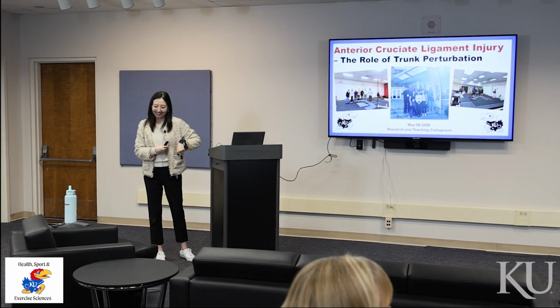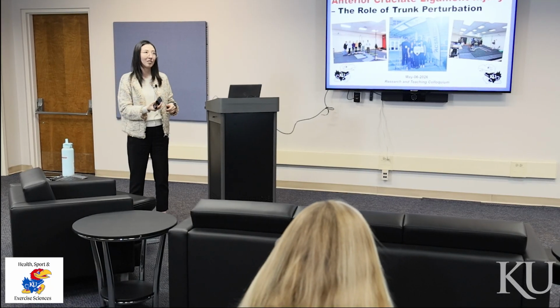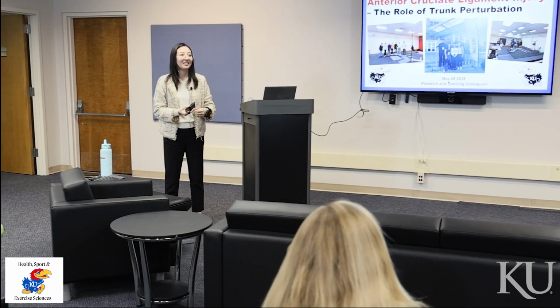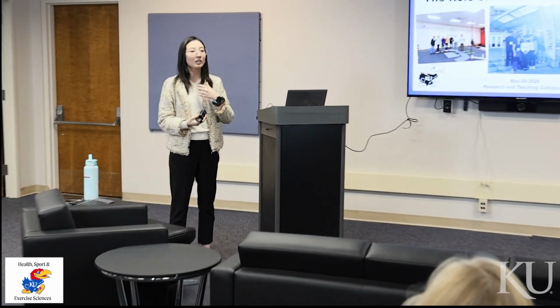Yeah, please. What kind of recommendations come from some of your work like this, on how an athlete may run? Oh, thank you. From the trunk part, what we see is you want to develop your trunk dynamic control. By that I mean when you're being pushed or pulled, you want to try your best to maintain a neutral position before you land.